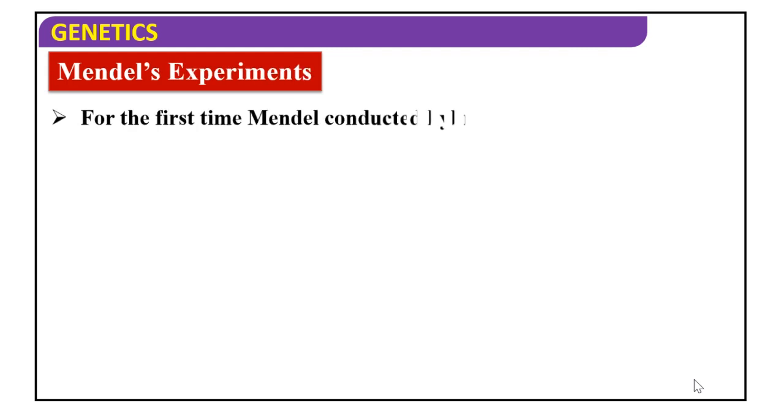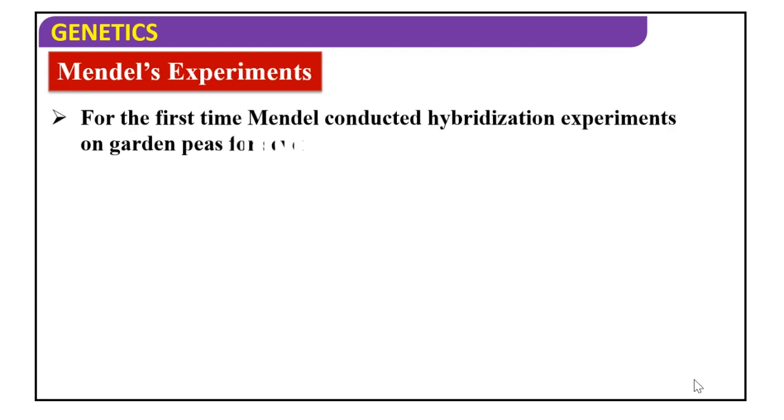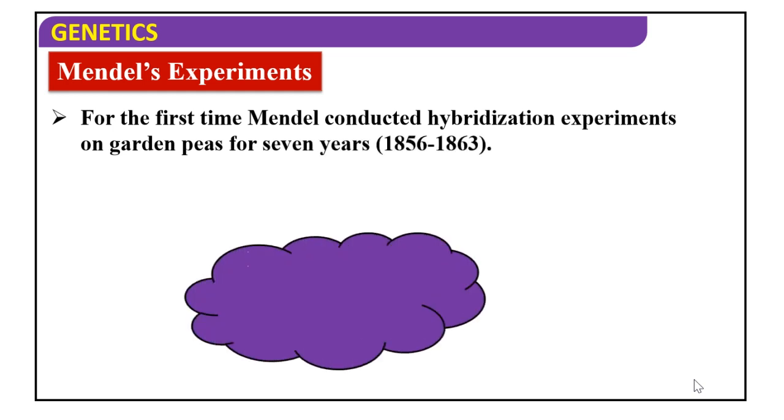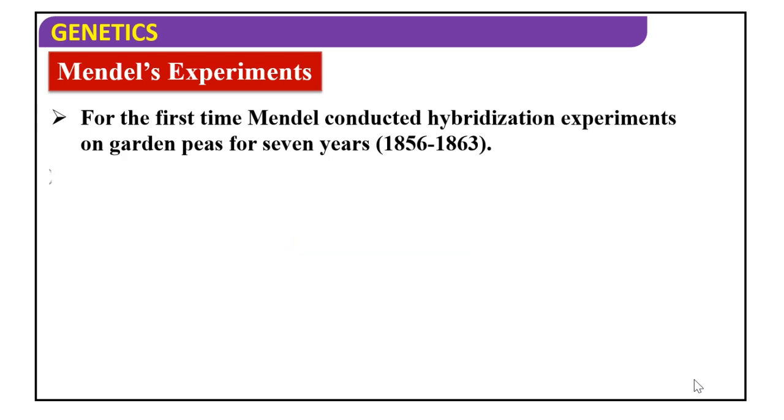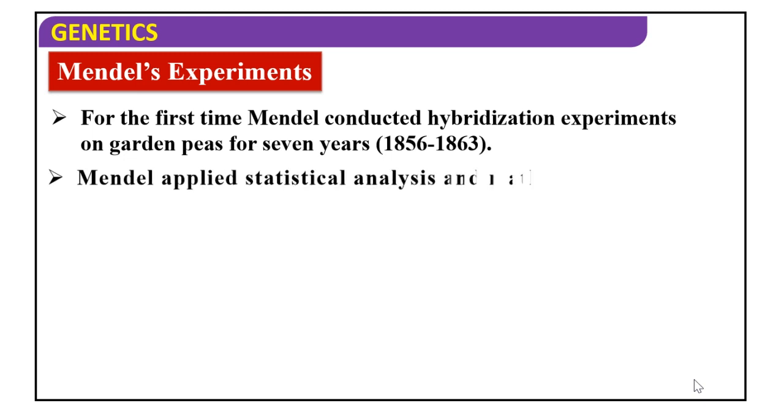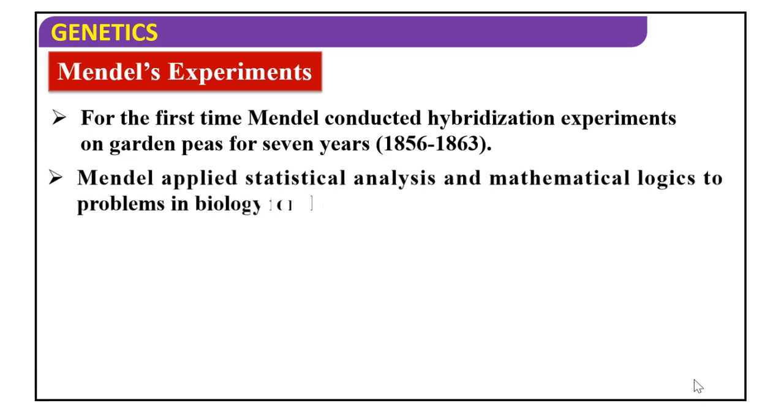Mendel's experiment: for the first time, Mendel conducted hybridization experiments on garden peas for 7 years. Then he proposed the laws of inheritance in living organisms. Mendel applied statistical analysis and mathematical logic to problems in biology for the first time.